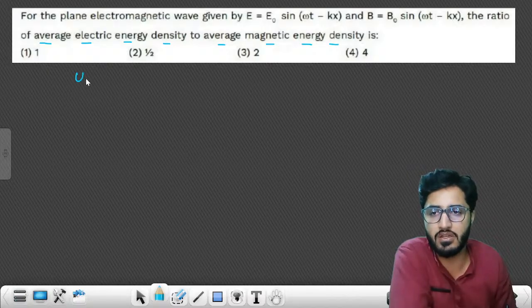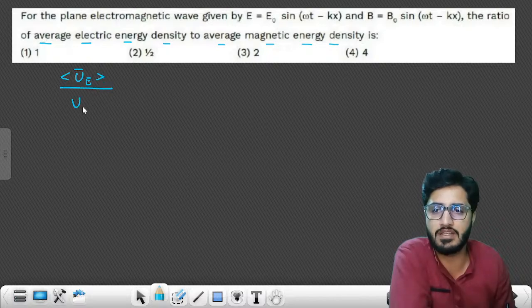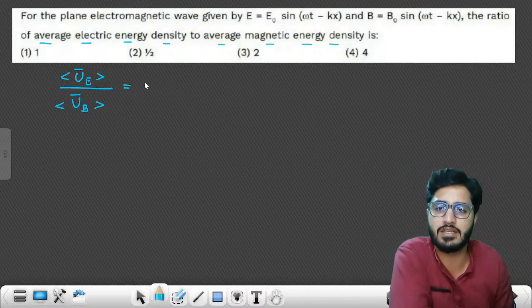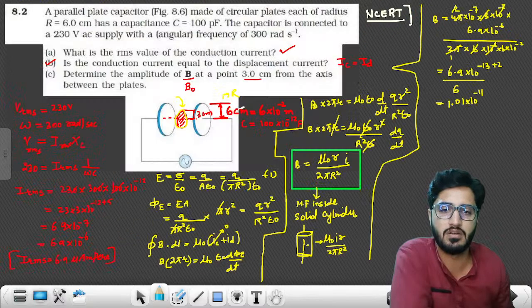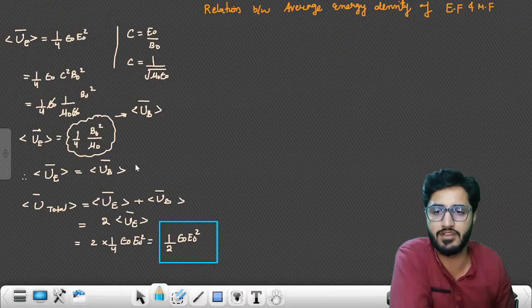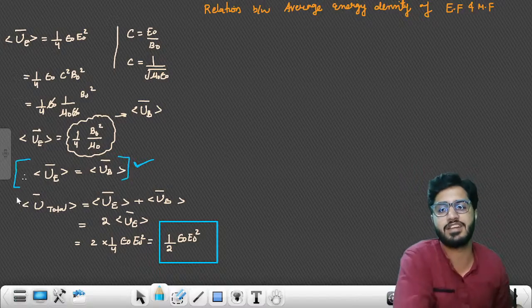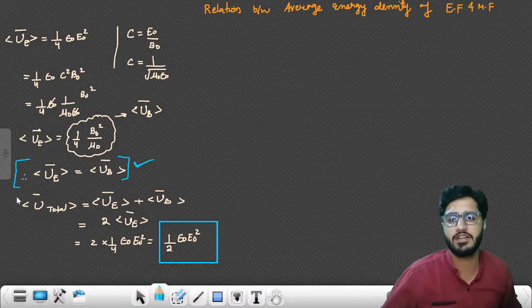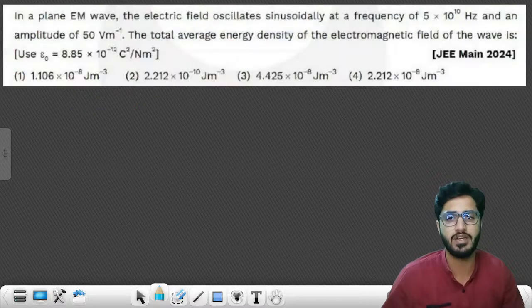So it states the ratio of average energy density of electric field to that of magnetic field, and it came out to be 1 by 1 only. We just did it, no? Look, both are equal. Average energy density of electric field equals average energy density of magnetic field. If both are equal, that simply indicates the ratio is 1:1.